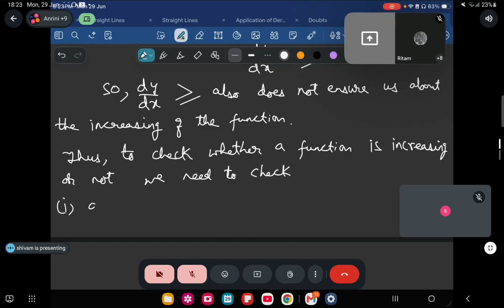Number one, dy by dx is greater than or equal to 0. Number two, y is not a constant function. These are the things we need to keep in mind.